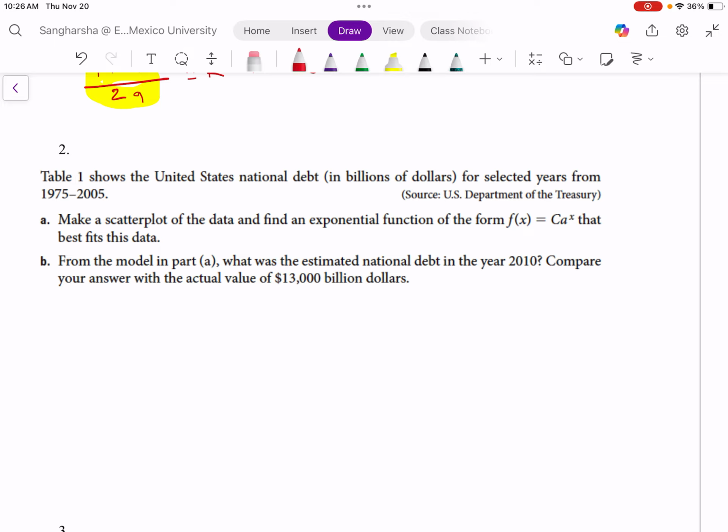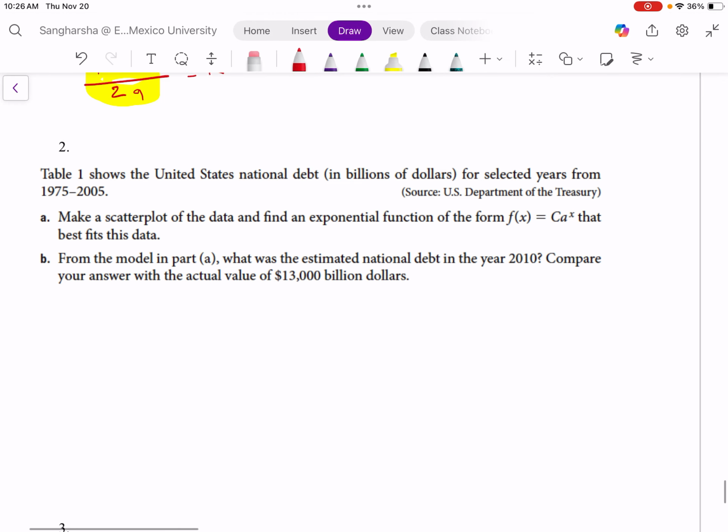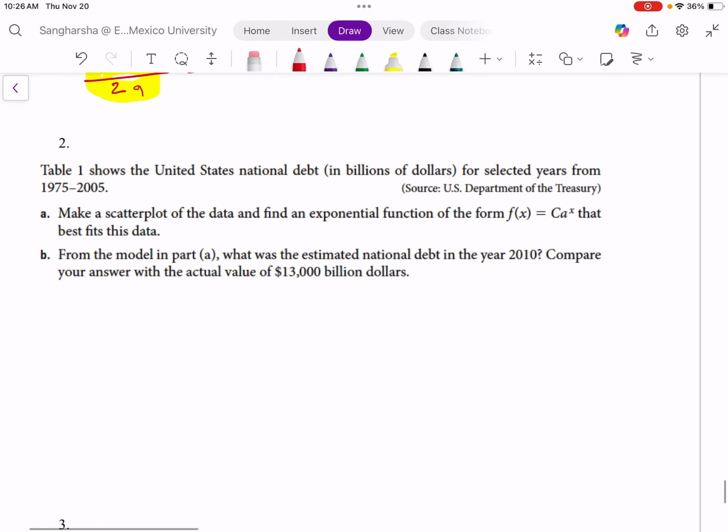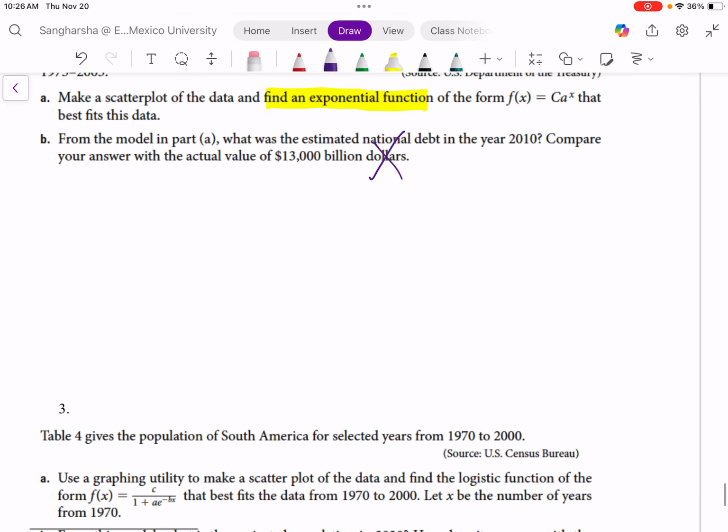So let's not do this one, because we have a table, and using the table we have to find the exponential function. So let's not use this example. Let's see what our next example is.